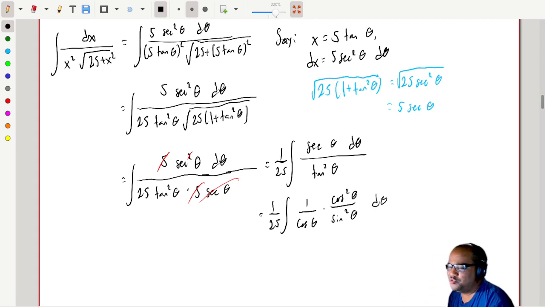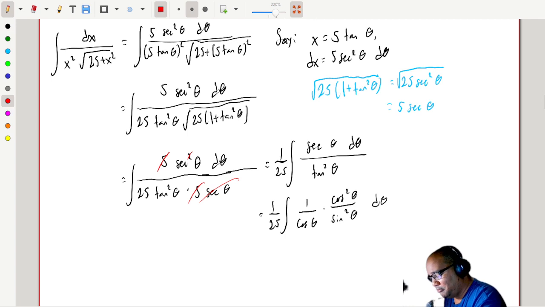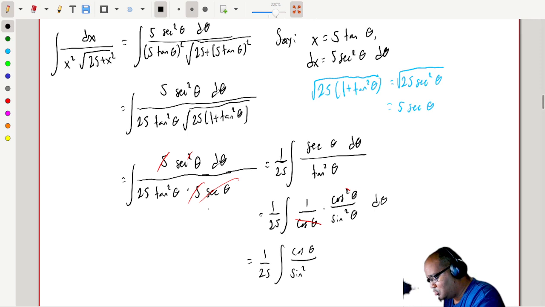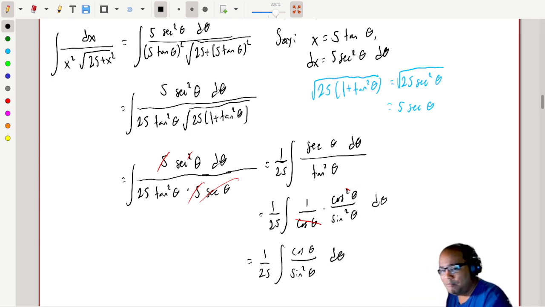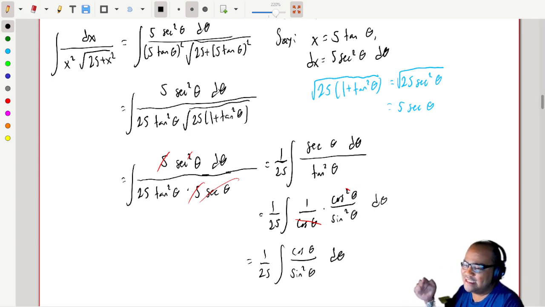Hey, one of those cosines drops. All right, we're getting somewhere, right? But how does that help me? Watch. In this next position, you will find that you have cosine theta over sine squared theta. Remember the trick for u substitution, right?